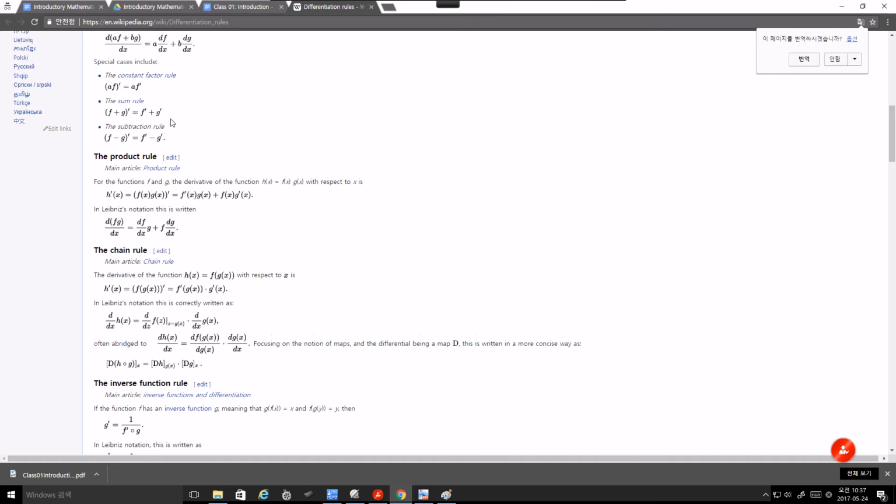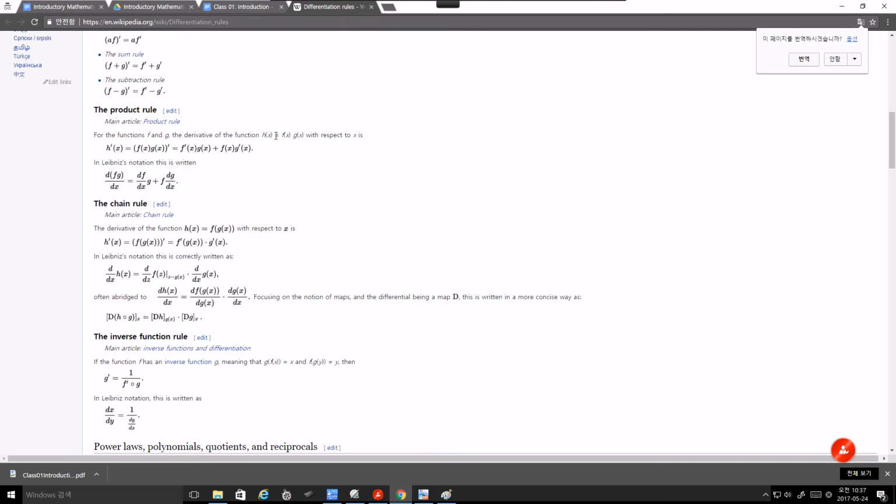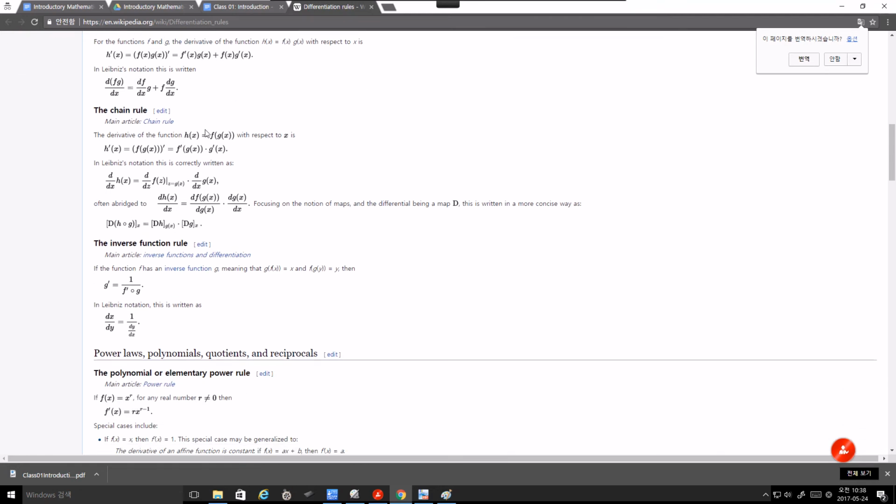Now the product rule. Suppose h(x) is equal to f times g, then h prime is (fg) prime, which is f prime g plus f g prime. We have this one. Now the chain rule, a very important one. So h is f(g(x)), then h prime is f(g) prime, which is f prime times g prime.